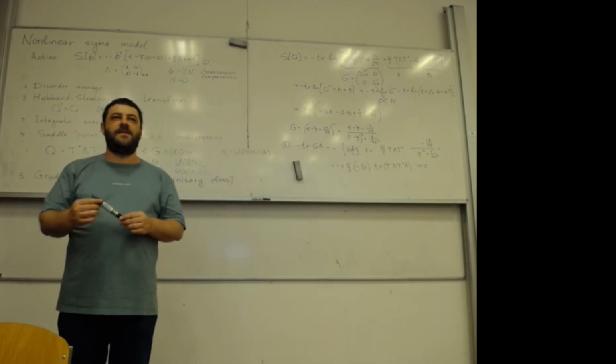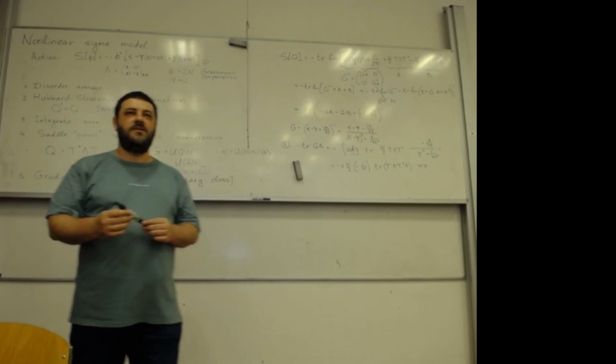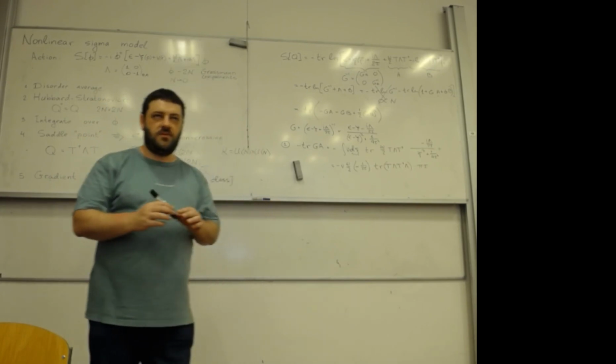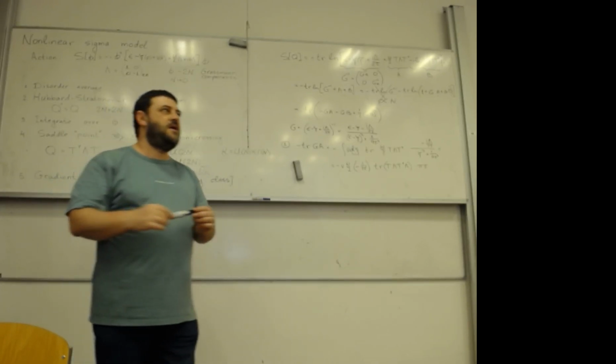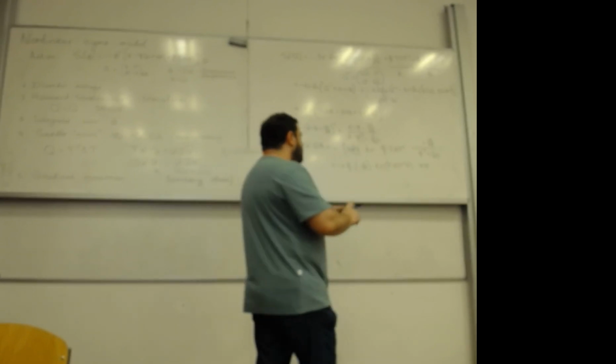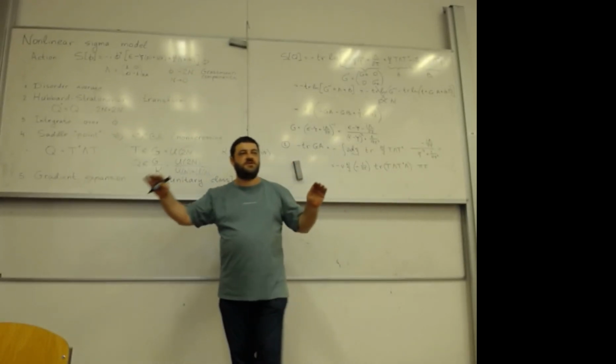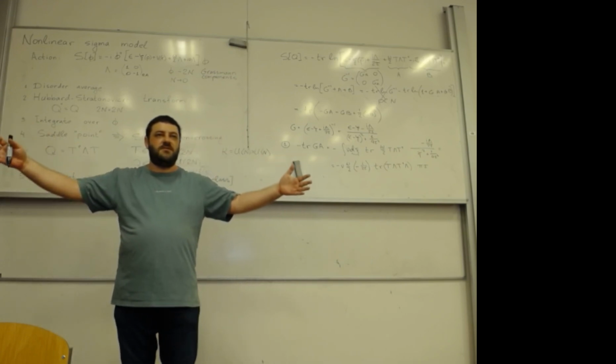Can I ask a question? T depends on position, on R. So T is a variable in space. Yes, that's a good question. So T depends on the point in space, but T is very slow. It changes on some large scale.